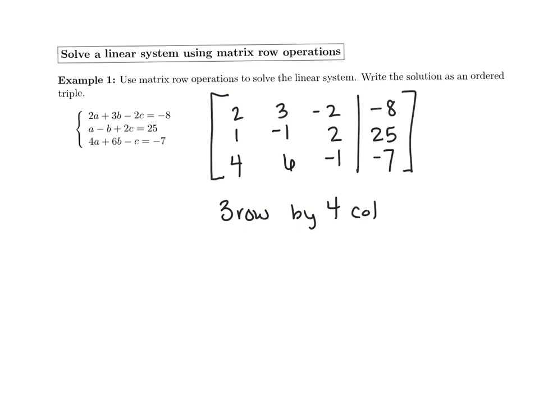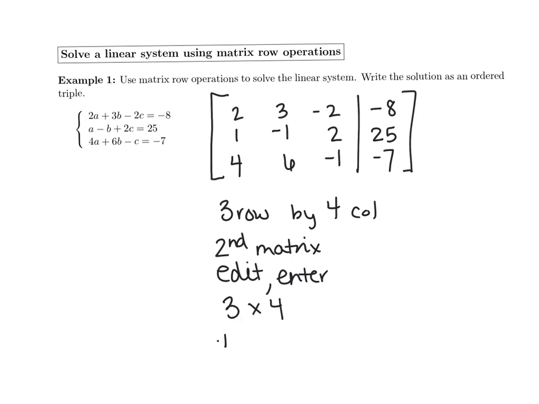So you're going to go into your calculator and enter this in. You're going to hit your second matrix. It's over on the left. You're going to go over to edit. You're going to hit enter. This is a 3 by 4, so you're going to enter the 3 by 4 dimensions.